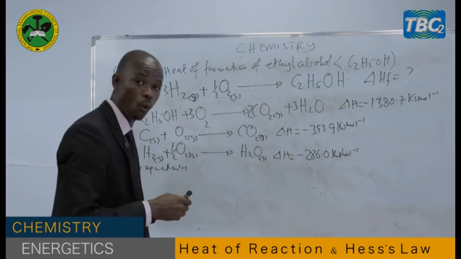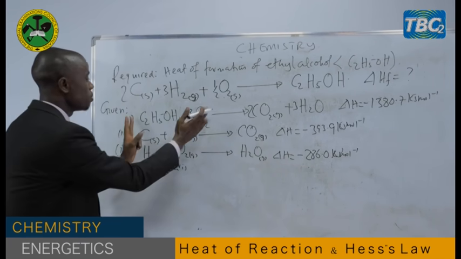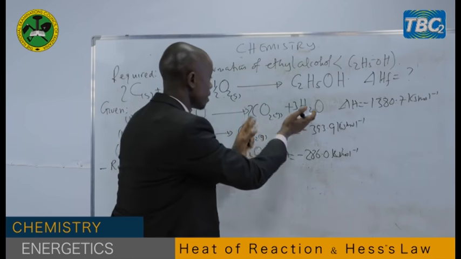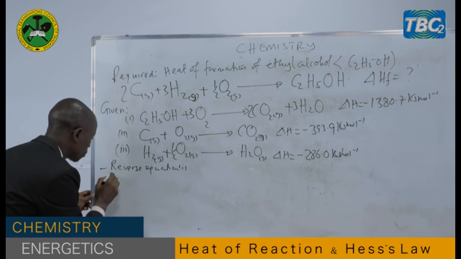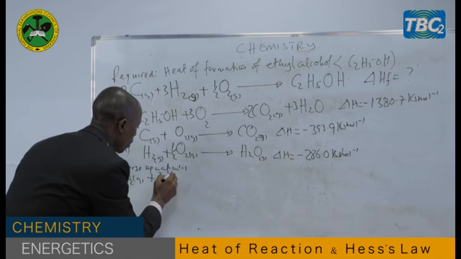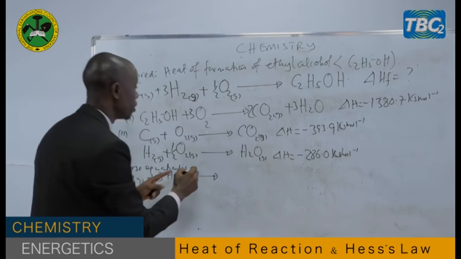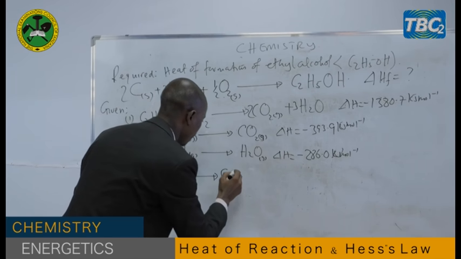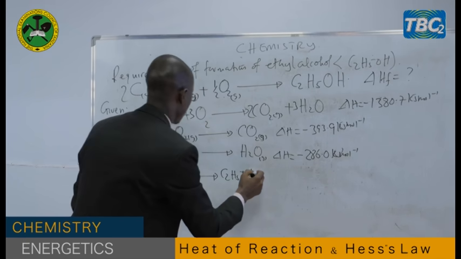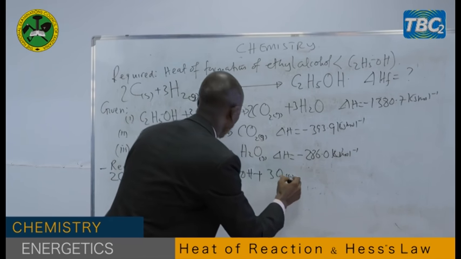When you reverse equation 1, the reactants become the products and the products become the reactants. You get 2 carbon dioxide gas reacting with 3 molecules of water to give ethyl alcohol and 3 moles of oxygen gas.